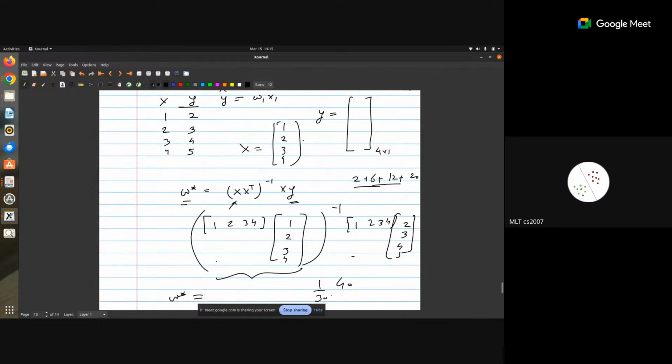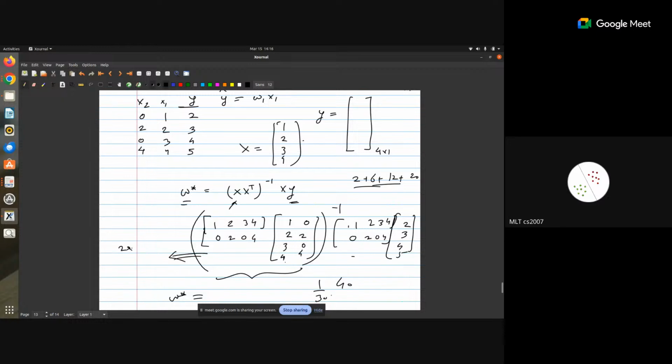Suppose you had two features, let's say x1 and x2, x1 being 1, 2, 3, 4 and x2 being 0, 2, 0, 4. In that case, this will become a 2 cross 4 matrix, and this will be a 4 cross 1 vector.